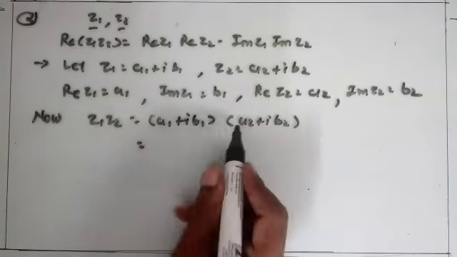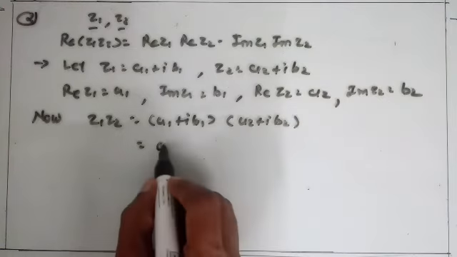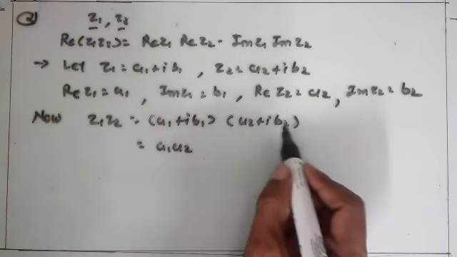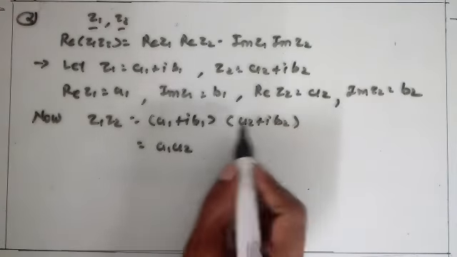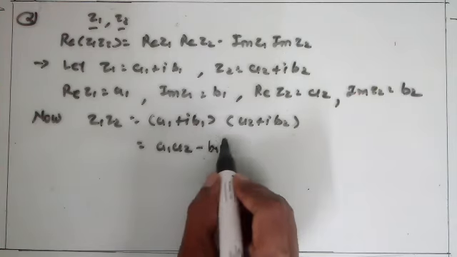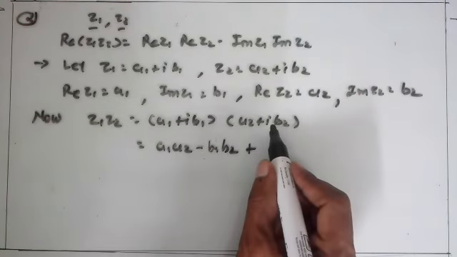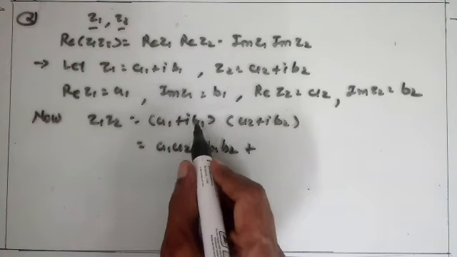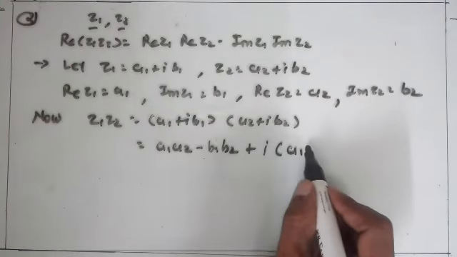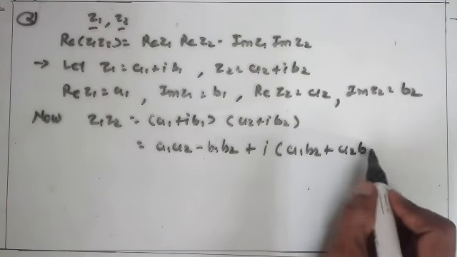Now the product of these two complex numbers is equal to, we know that, a1 a2, i b1 into i b2 becomes i square b1 b2. i square equal to minus 1 into b1 b2. Clear? Plus a1 into i b2 and i b1 into a2. Taking i common, we get a1 b2 plus a2 b1. Clear?